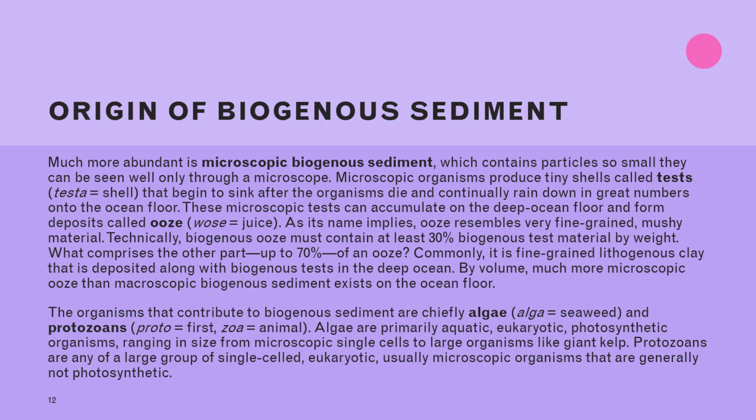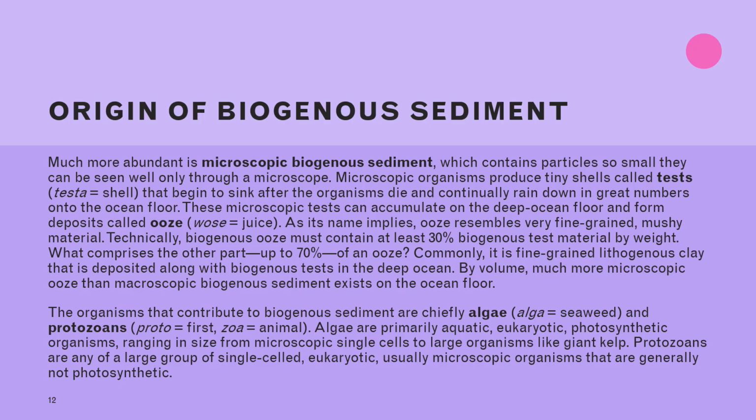As the name implies, ooze resembles very fine-grained mushy material, and technically biogenous ooze must contain at least 30% biogenous test material by weight. The other part, 70%, is fine-grained lithogenous clay that is deposited along with the biogenous test in the deep ocean. By volume, much more microscopic ooze than macroscopic biogenous sediment exists on the ocean floor.